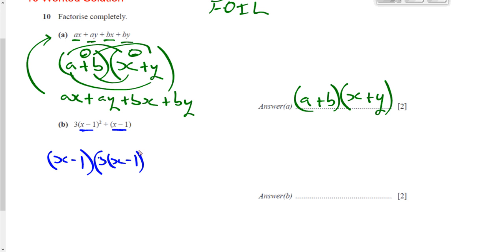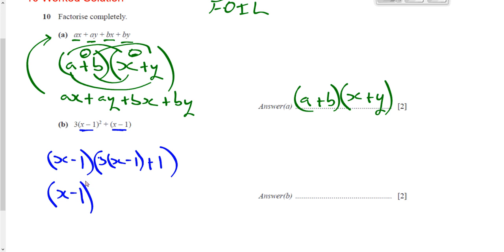And over here, I've taken out X minus 1, so that's going to leave me with a 1. So X minus 1 divided by the X minus 1 I've pulled out is going to leave me with a plus 1. So all we have to do now is just multiply it out.